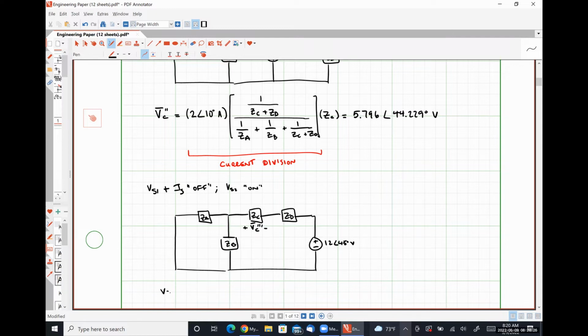So we could say that VC triple prime in this case is going to be 12 angle 45 degrees volts times ZC over ZD plus ZC plus ZA/ZB over ZA plus ZB, because we see those two impedances on the left as in parallel.